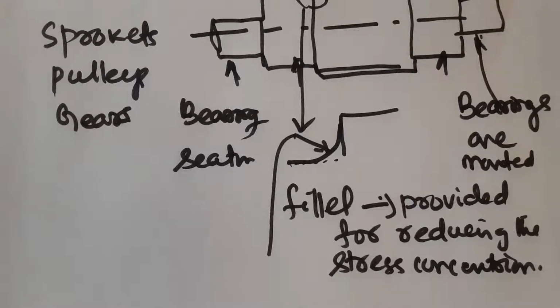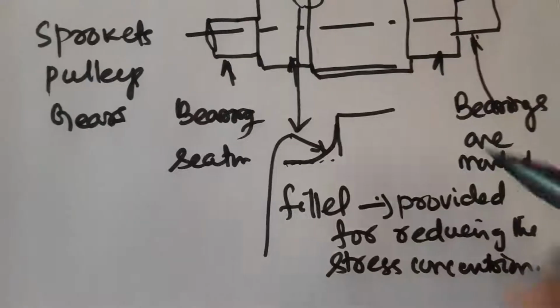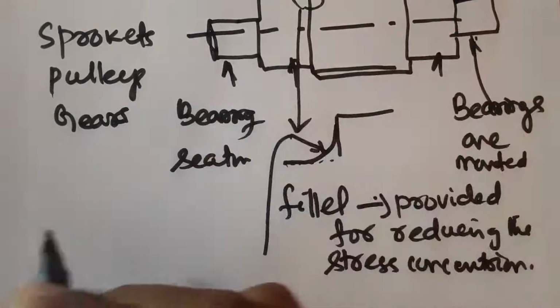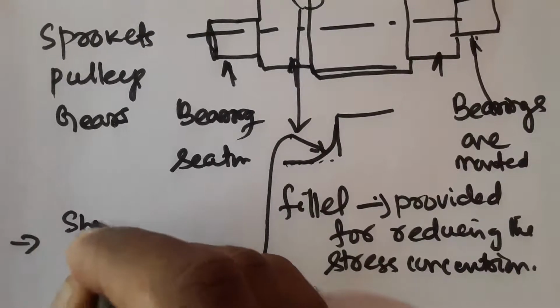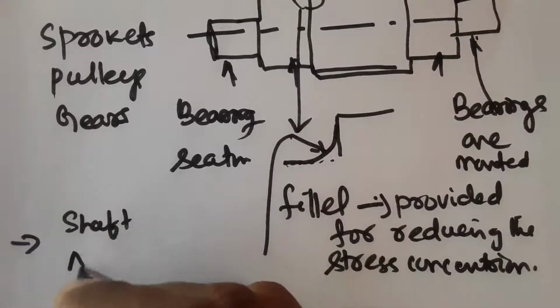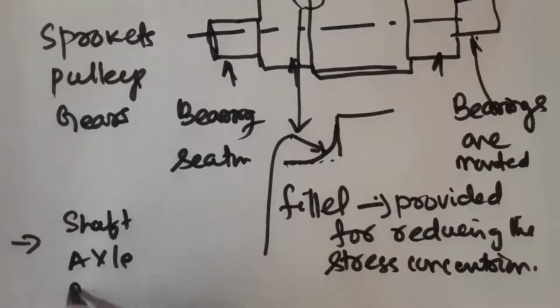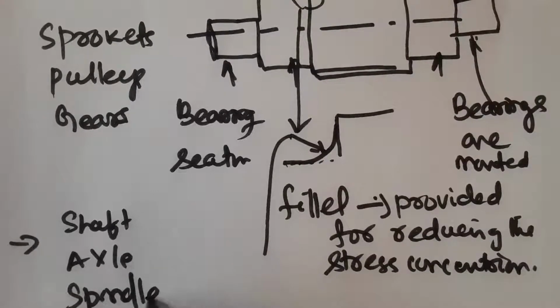So the function of a transmission shaft is to transmit power, and there are axles as well. So there are different variants. One is the shaft, the other is the axle. You can have a spindle. There are line shafts.